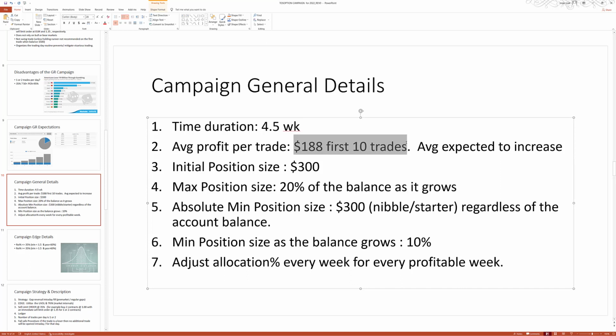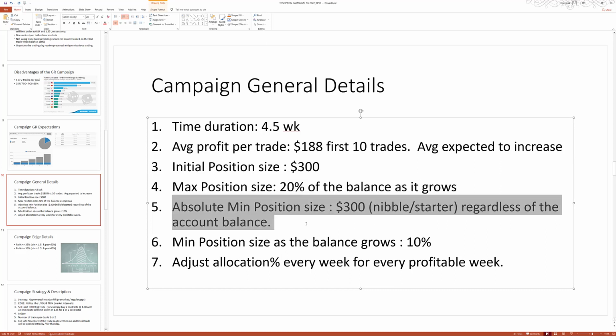You should expect to see $188 as the average for the first 10 trades. Again, the initial position size is $300. Max position size as your account grows is 20%. Your absolute minimum position size reverts back to $300. And your minimum position size as your account grows is 10%.